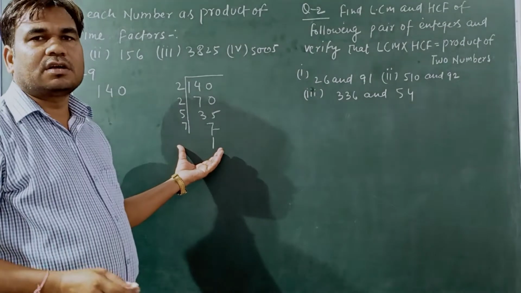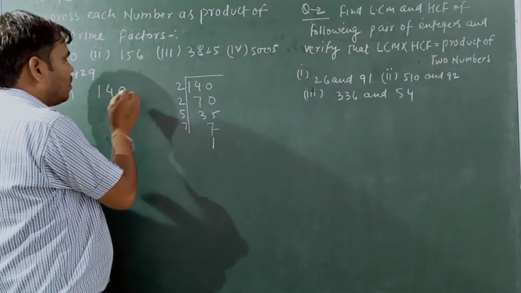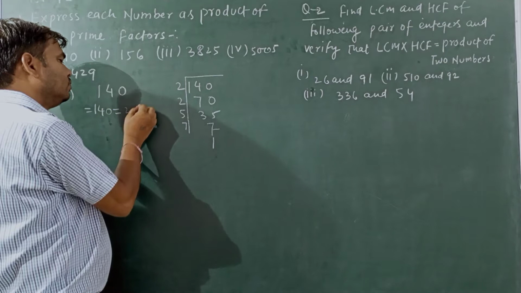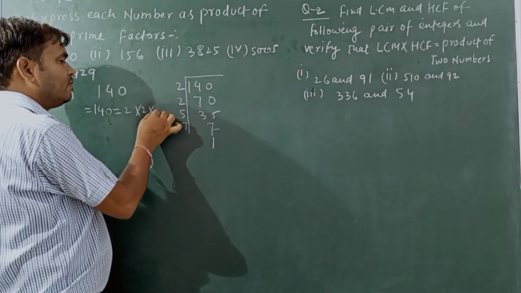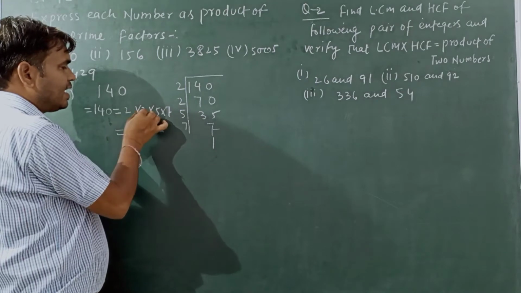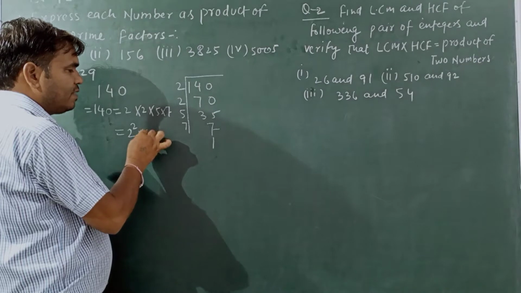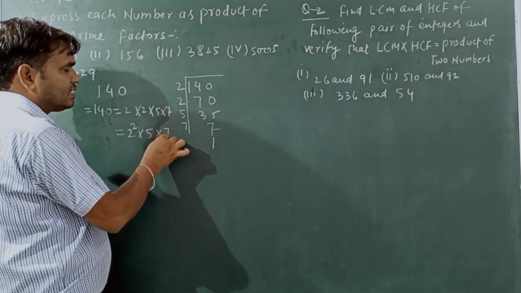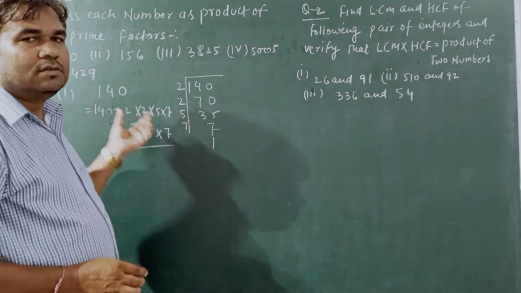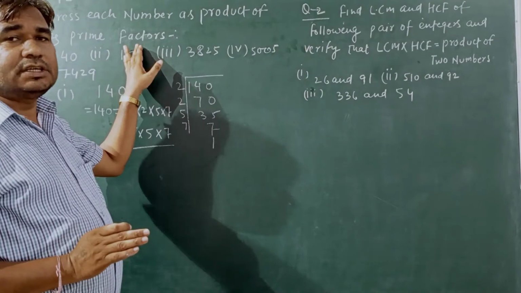So this is the method of prime factorization. The factors of 140 equal to 2 multiply 2 multiply 5 multiply 7. So here we can write this as 2 to the power 2 multiply 5 and 7. So this is the factors of 140 by the method of prime factorization.